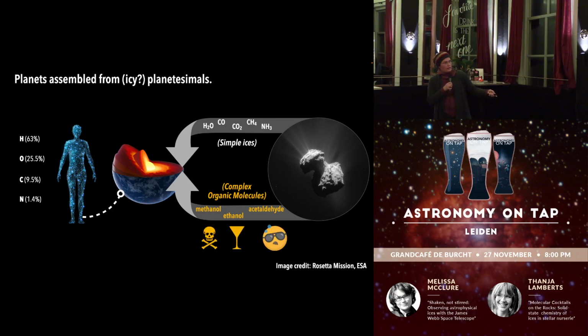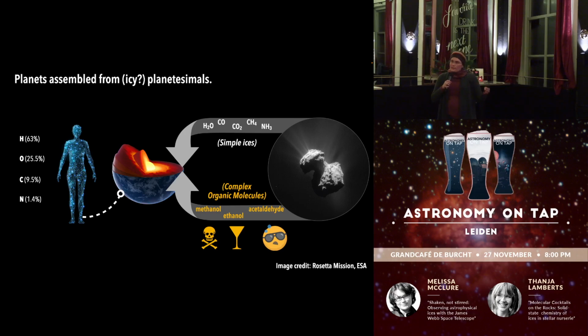Just going forward for the rest of the talk, remember methanol is the poisonous alcohol, ethanol is the good alcohol, and acetaldehyde is the thing that gives you a hangover the next day after you've had too much ethanol, because it's metabolized in your body to make acetaldehyde. All of these complex species could potentially react to form other molecules that are important for the formation of life eventually.